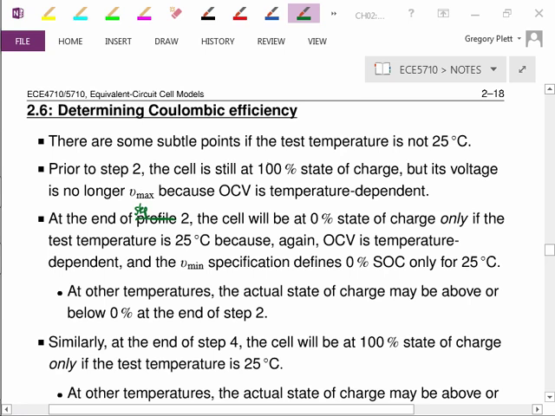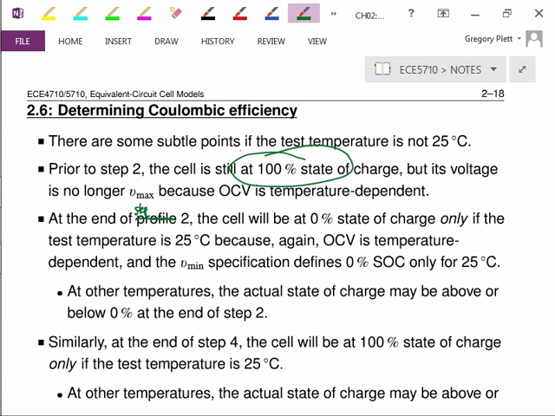And in step 1, there is a rest to soak the cell at the desired temperature. At the end of step 1 and before step 2, the cell is still at 100% state of charge because it's been resting. I'm going to assume that the self-discharge rate of the cell is negligible, which it usually is for a lithium-ion cell, assuming that my testing is done without a huge delay between the different scripts, as it would usually be the case.